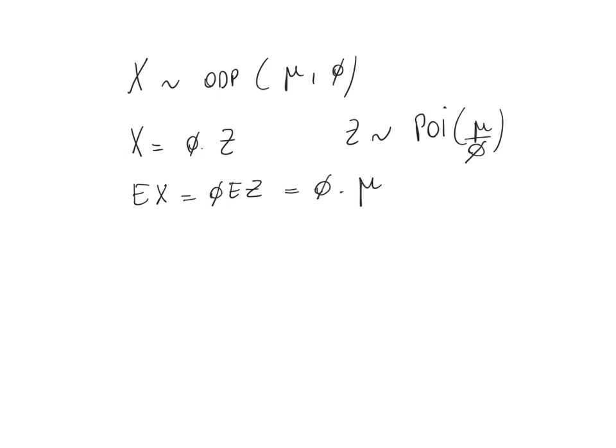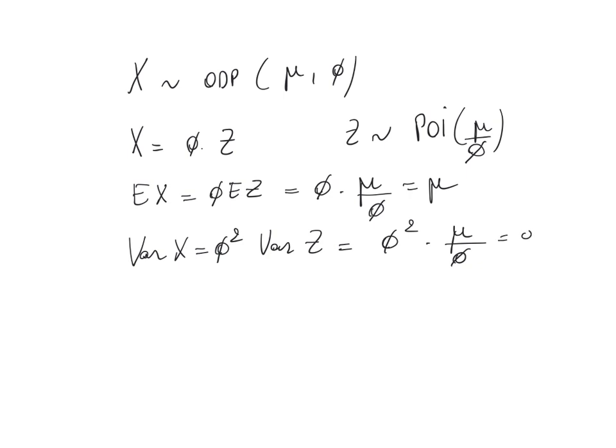So that's going to be phi times mu divided by phi. So that's the mu that we want to have. And then the variance of X is phi squared times the variance of Z. So that's going to be phi squared times mu divided by phi. So that's phi times mu, as it should be.